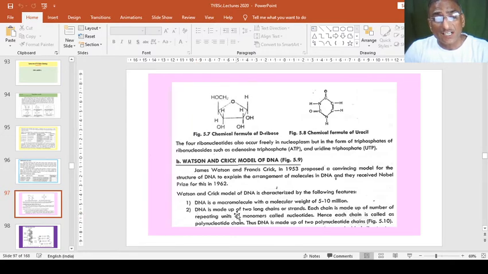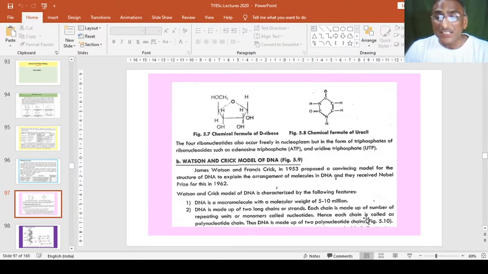DNA is made up of two long chains or two long strands, and each chain is made up of a number of repeating units or monomers called nucleotides. So we have seen now what the nucleotides and nucleosides are.